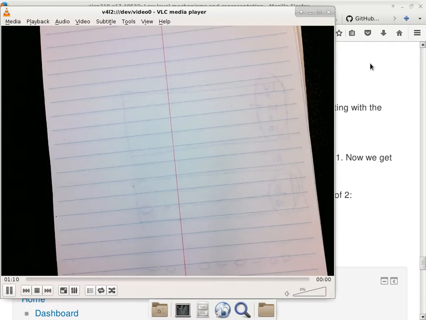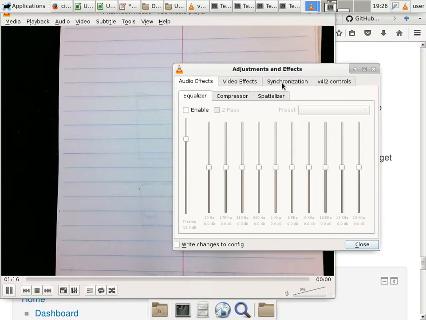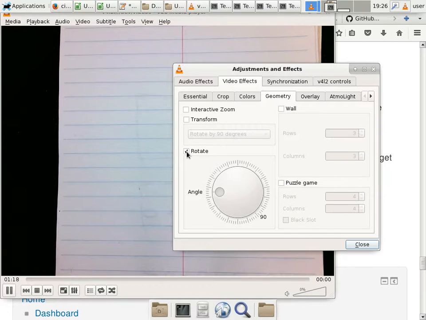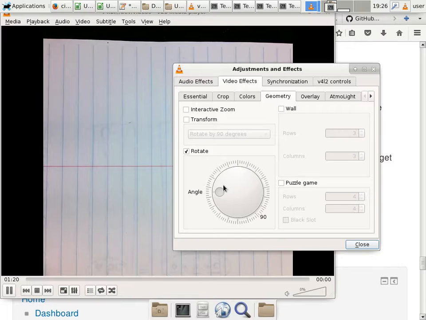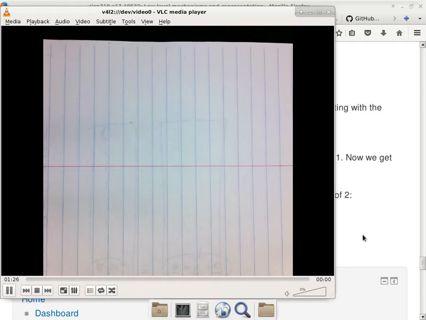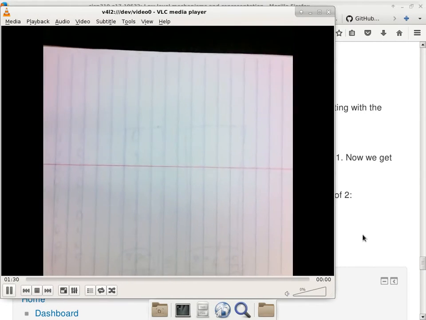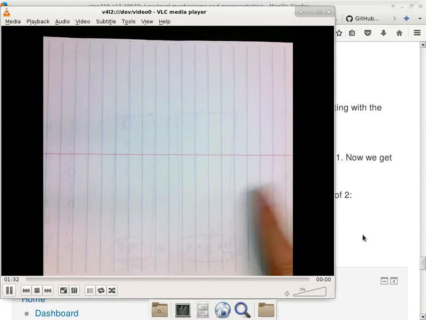Okay. So I do want it to rotate. Perfect. Okay. So this is correct. Okay, very good. All right.